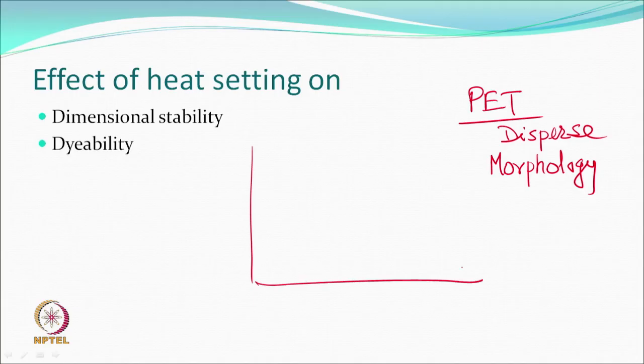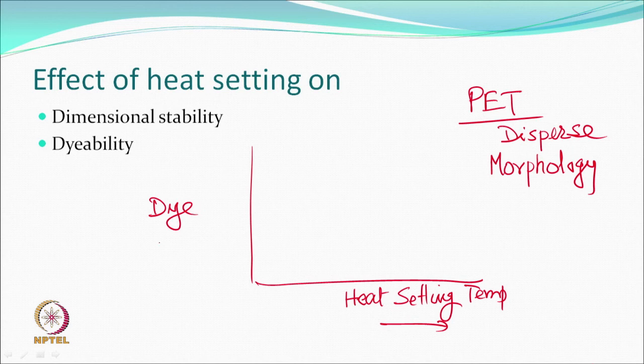So, if you want to measure the dye uptake versus, let us say, heat setting temperature, remember we are not talking about disperse dye, let us say any synthetic fiber like polyester.